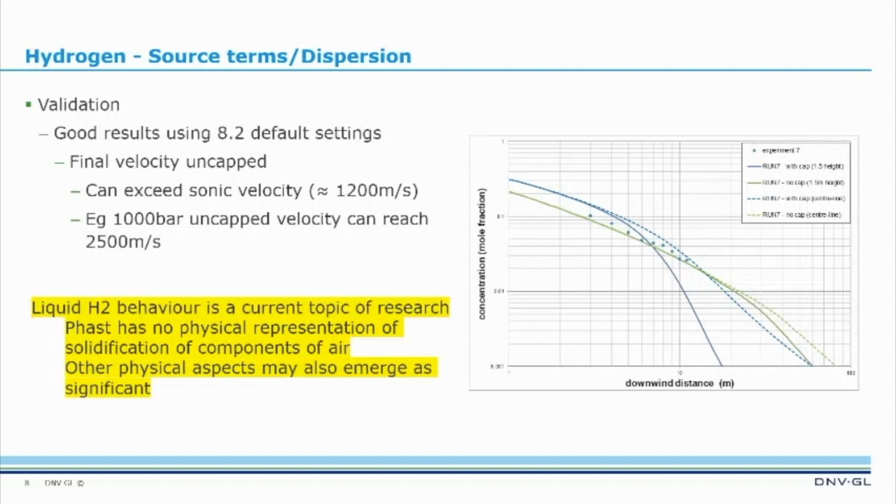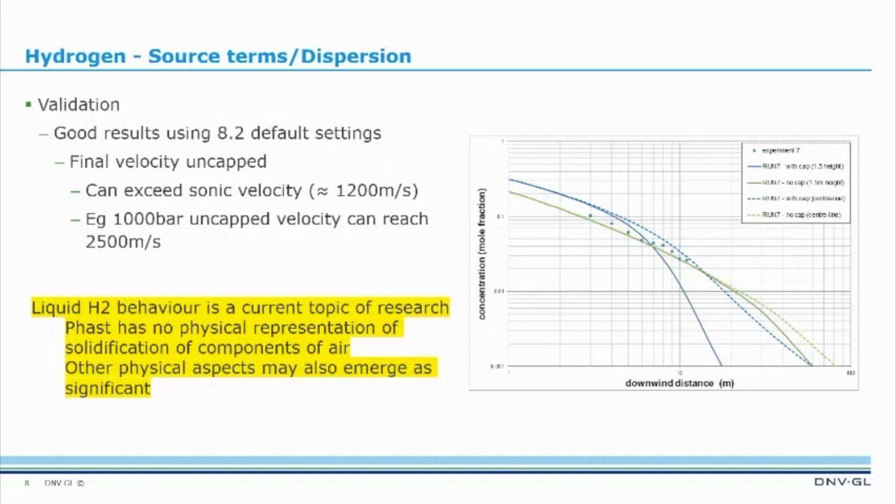So moving on now, we can start thinking about source terms and dispersion. And quite recently, we've done quite a lot of work on the expansion methods in Phast and Safeti, and looking at different options for defining essentially the start of the dispersion. So we call this the final state, but essentially it's the state after the source term finishes and the dispersion starts.